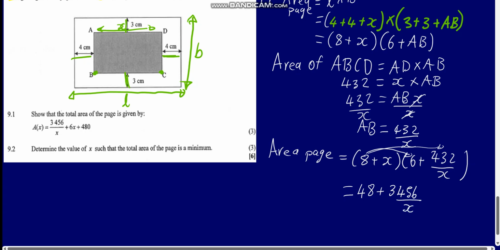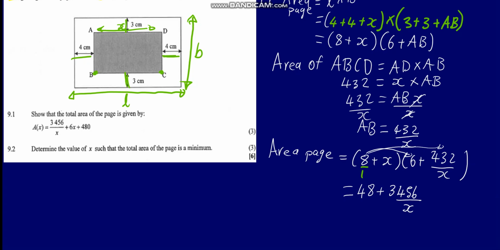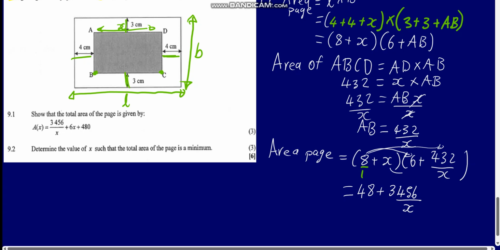Because remember, when we multiply with a fraction, this is just over 1. So we multiply the numbers at the top and multiply 1 times x, so we get x, right? Then x times 6 will give us plus 6x. And the last ones will give us plus 432.